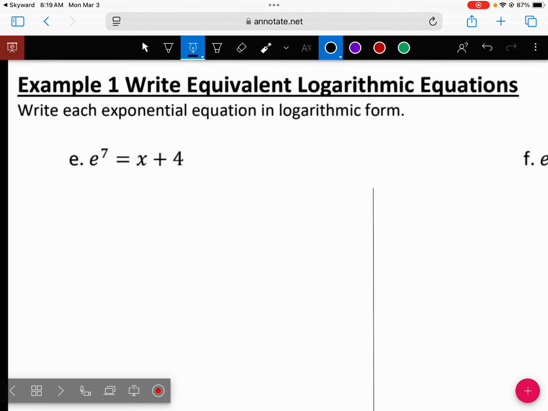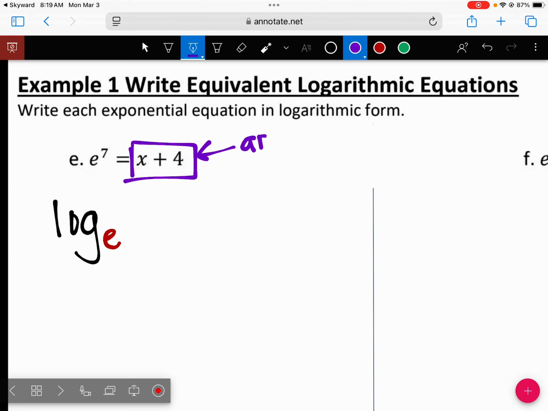So again, we start off with our log. The base of our log is e. Now notice that this is my argument. Our argument is more than one thing, so we're going to actually put it in parentheses. So if it was just x or just 4, we wouldn't need the parentheses, but because it's x plus 4, let's go ahead and put that in parentheses.